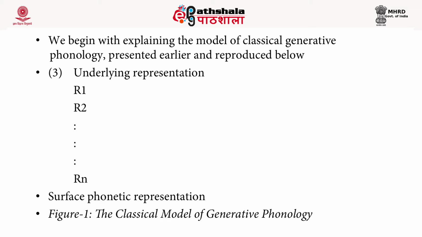Now you notice that when we have divine and divinity both being related, then what is the underlying representation like? So in generative phonology, what you do is you will have something like a basic abstract structure, such that you will say that divine and divinity both come from the same underlying representation, namely divine.